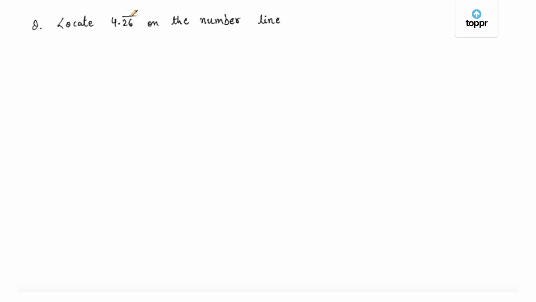Locate 4.26 whole bar on the number line. We know that 4.26 whole bar is equal to 4.26, 26, 26 and so on. Once again, we know that 4.26 bar lies between 4 and 5. So, we start by magnifying the portion between 4 and 5.